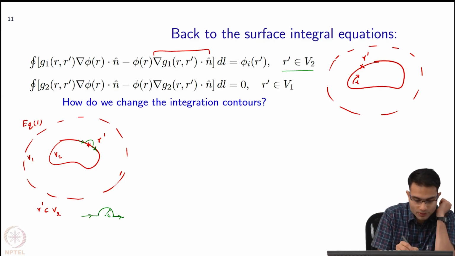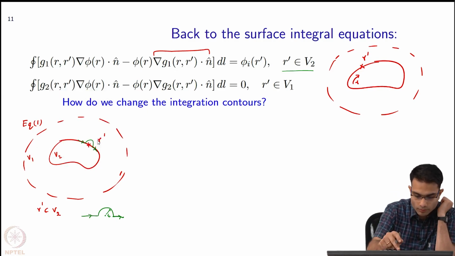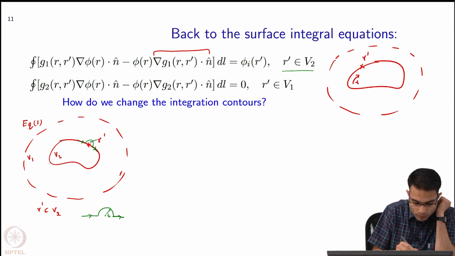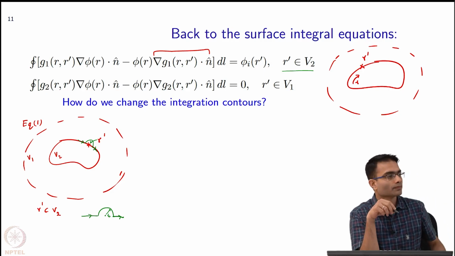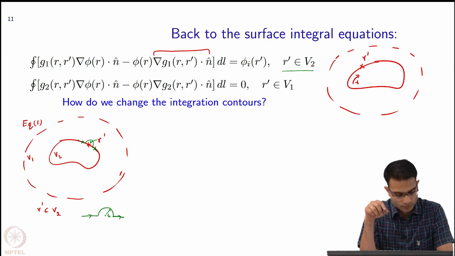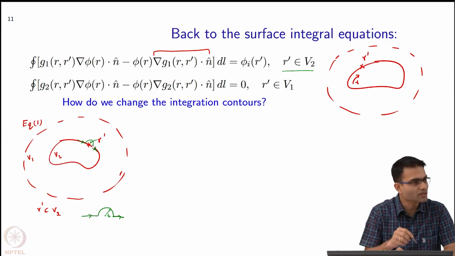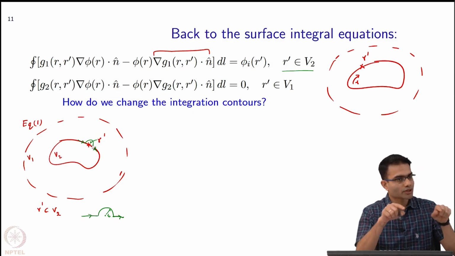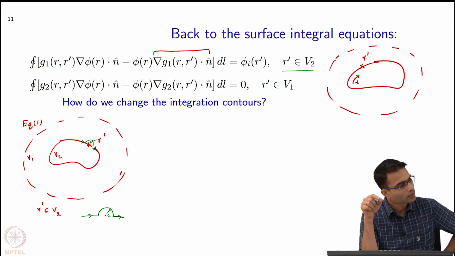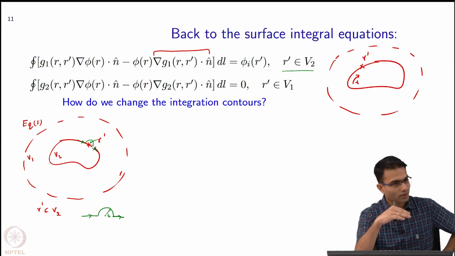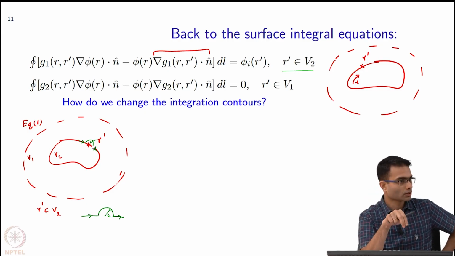So, r prime, which is this point over here, stays in V2. r prime is remaining at that point. I am changing the boundary around it. The boundary between V1 and V2, I have pushed a little bit this way, but r prime is still there. r prime is not moving, I am moving the boundary a little bit.